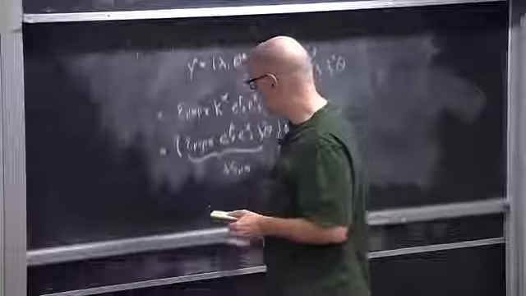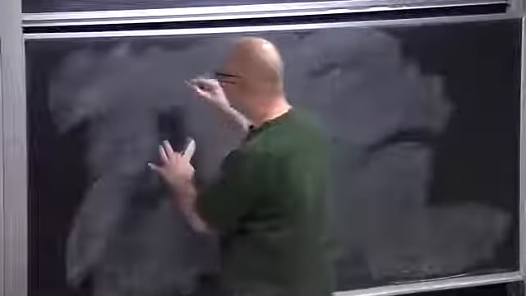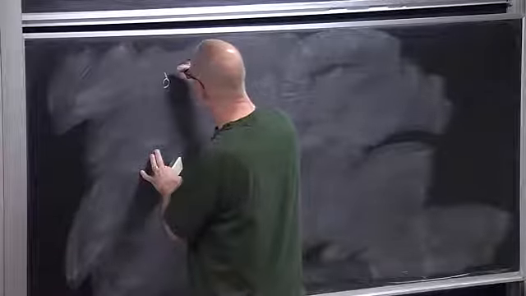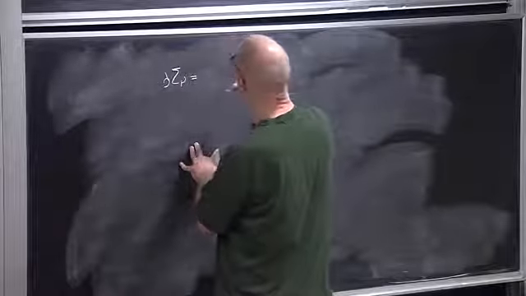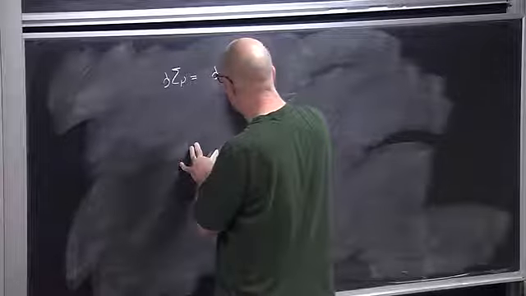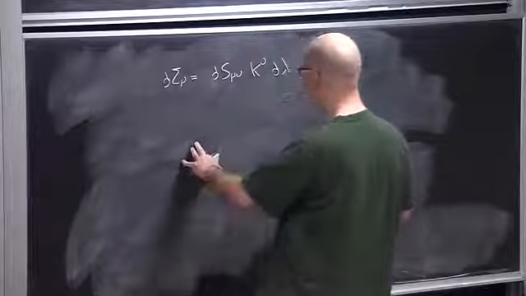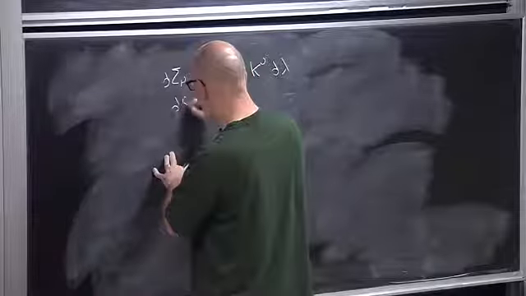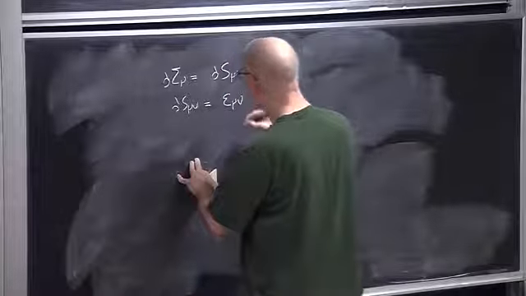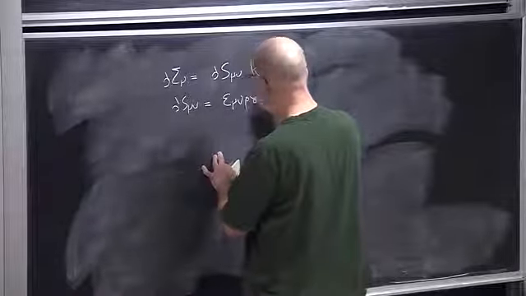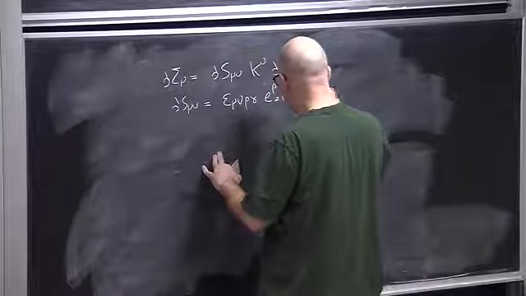Let me rewrite this. d sigma mu is written as dS mu nu dotted with k nu, and we integrate along d theta, and dS mu, I'm just rewriting it, is epsilon mu nu beta gamma e beta 2 e gamma 3 d2 theta.